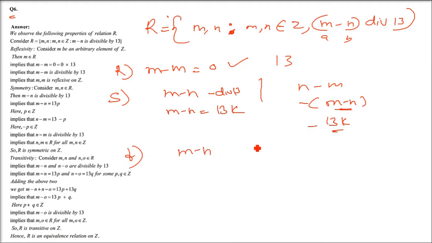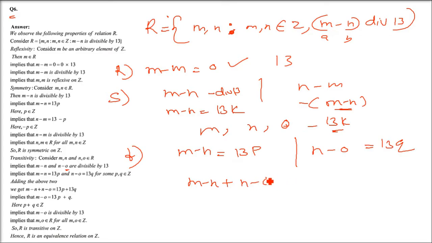Coming to transitivity, m minus n. Now I am taking 3 elements, m, n and o. Because the question is saying o and the solution I provided also has o, that is why I am writing o. But o can always be confused with 0, so always take something else. M minus n is say 13 into p and n minus o is 13 into q. This is random, I am taking any constants. Now just add them.